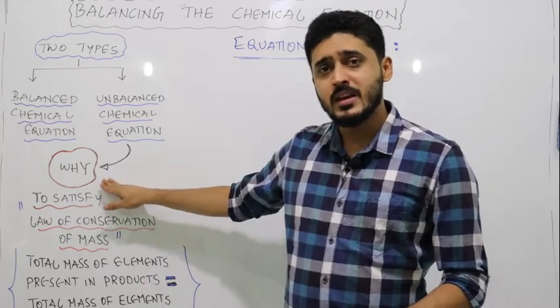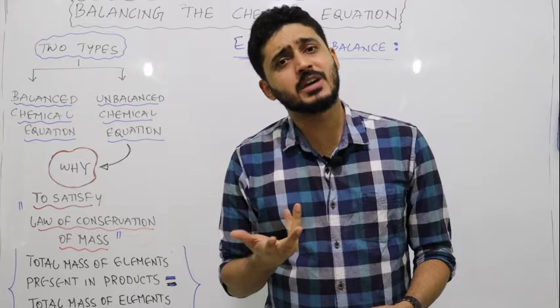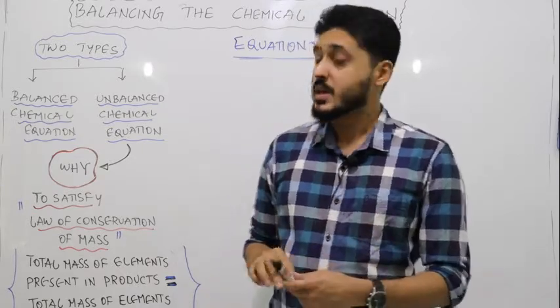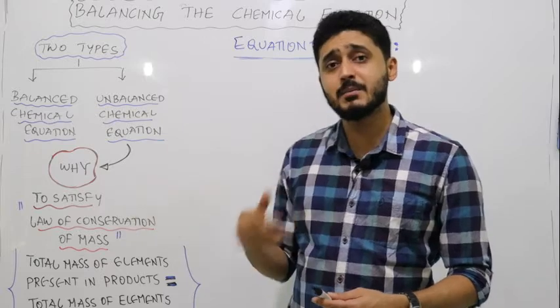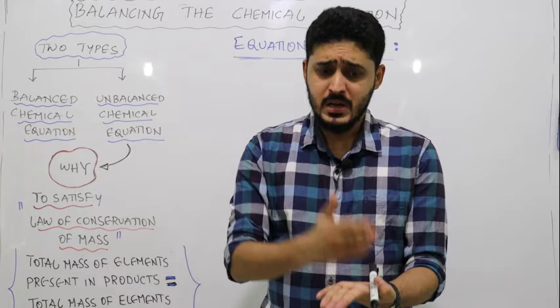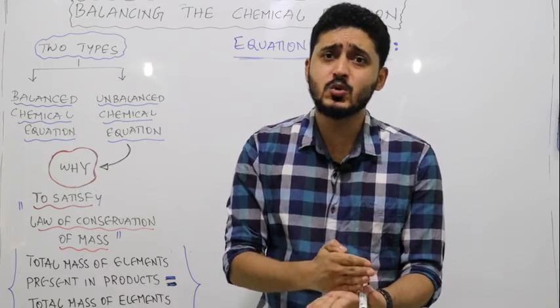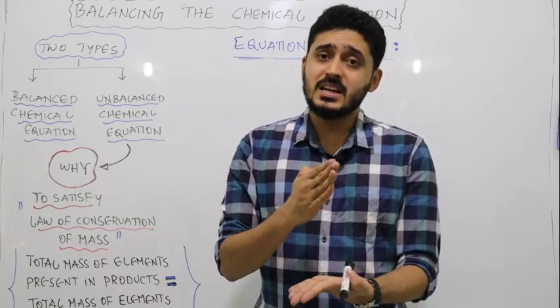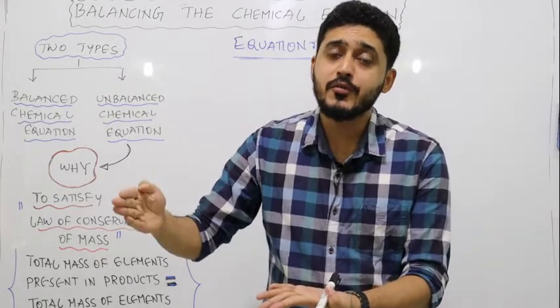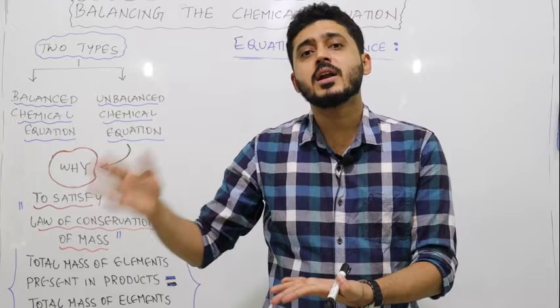You know, mass can neither be created nor be destroyed. That means whatever the mass of the reactants you have, once they react, the same amount of products you need to get.